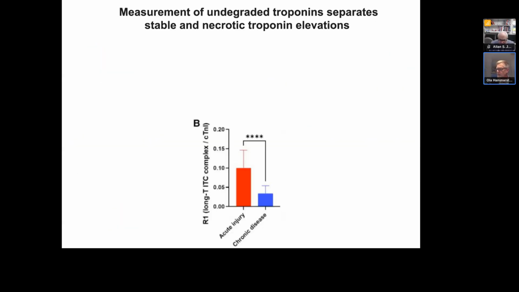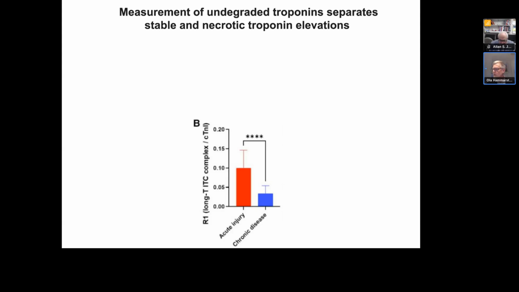become implemented. However, it is possible also to look at the ratio between the troponin I and troponin T measured with the conventional high-sensitive assays. And it seems that there is some information there as well.